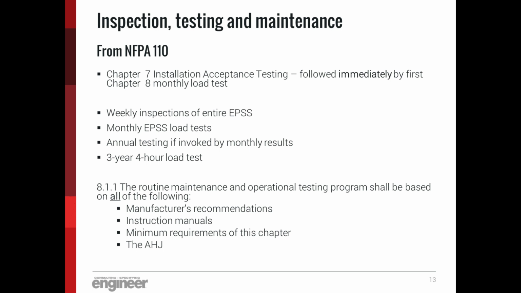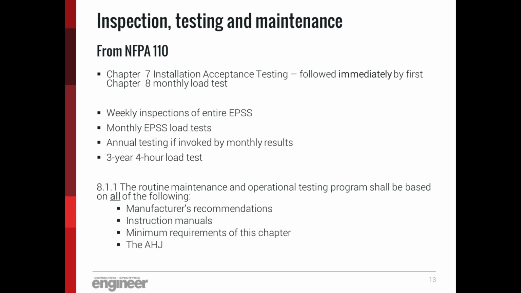Chapter 7 and 8 also include requirements for weekly inspections of the entire emergency power supply system, load tests of the entire EPSS, annual testing only if required. That means only if the monthly results don't get the generator loading up to 30%, and a 3-year 4-hour load test, which is a flat-out requirement.